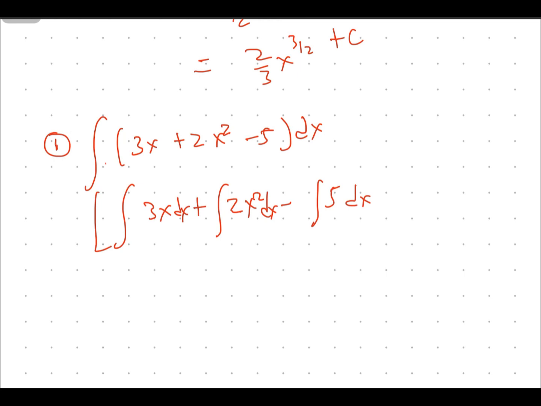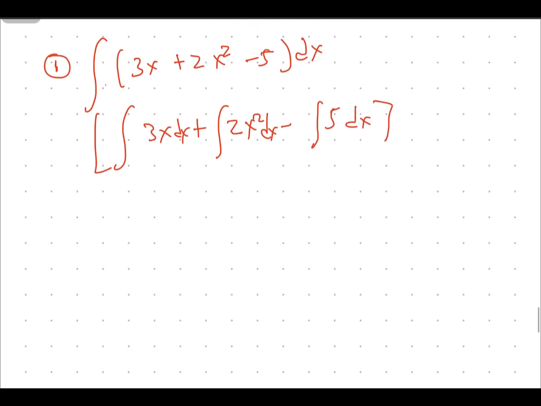And when you are done, you get the result individually, which is 3 over 2 x squared plus 2 over 3 x power 3 minus 5x plus c.